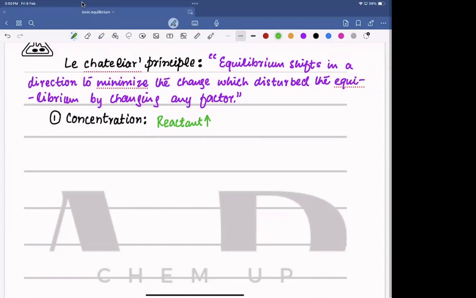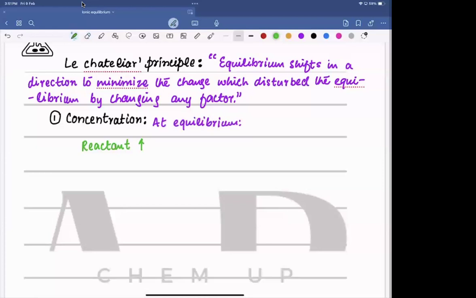So I'm just noting down the key points over here. At equilibrium, because the equilibrium is established, what we did, we increased the amount of the reactants. So there are now more reactants in the mixture.